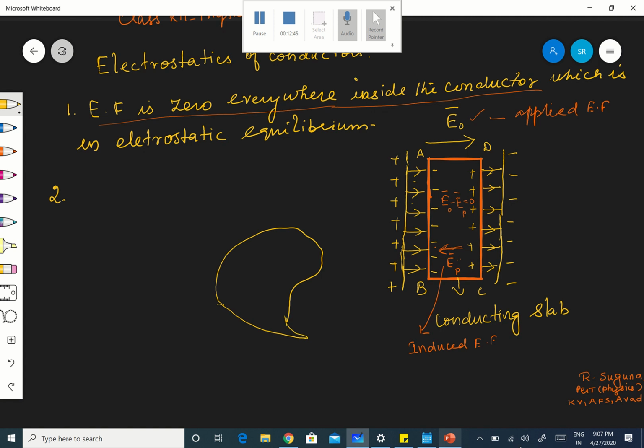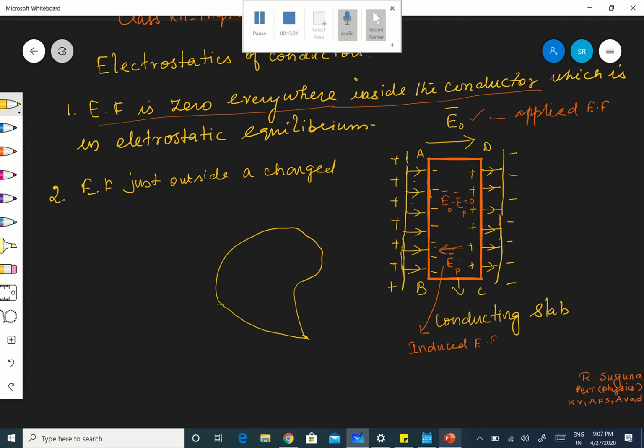I deliberately want this, I'll take a sharpened one. Now, what is the next result? First, I'll write this. What is the electric field which is just outside the conductor? Outside which conductor? Charged conductor.